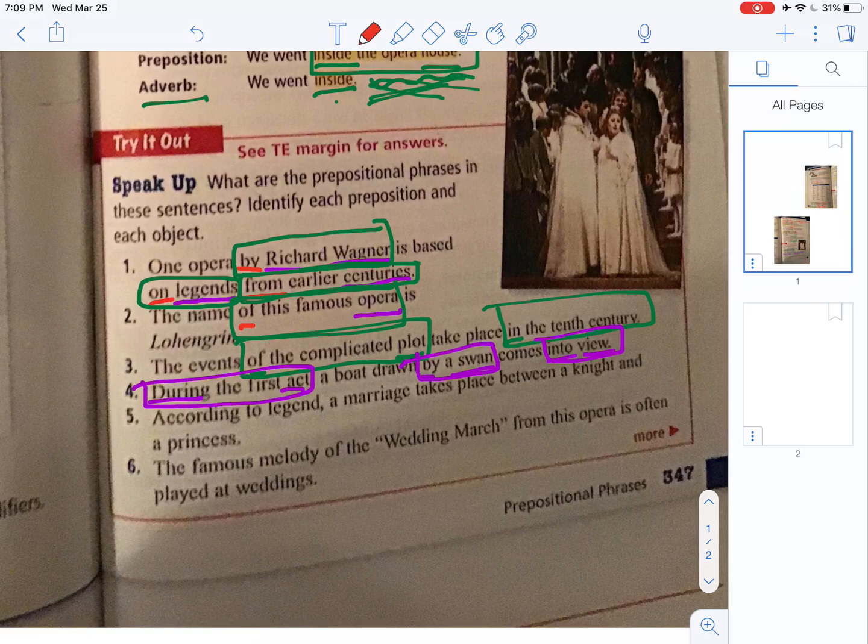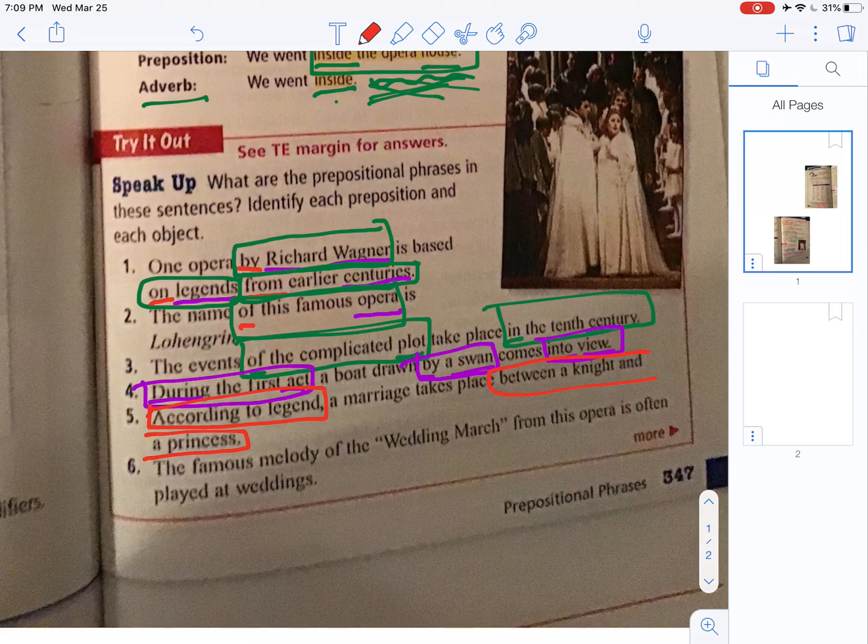Okay, number 5. According to legend, a marriage takes place between a knight and a princess. In this one, I have 2 prepositions. According to legend, and this one is between a knight and a princess. Kind of goes on 2 lines there.